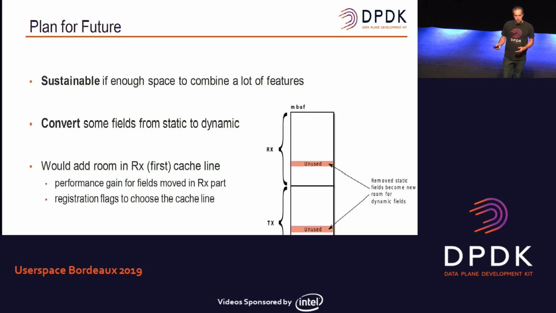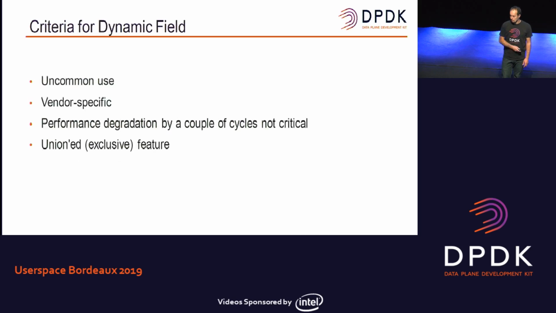So if we can get some space in the first part, which is totally full today, we can improve the performance of these features. And later, the flags for registering a dynamic field will tell your preference if you prefer to get this field in the first or second half of the mbuf.